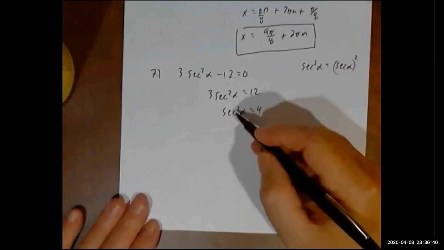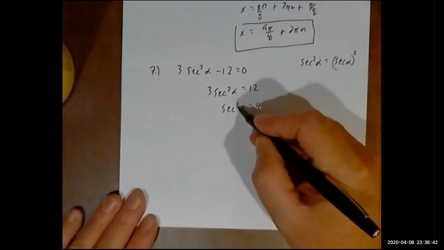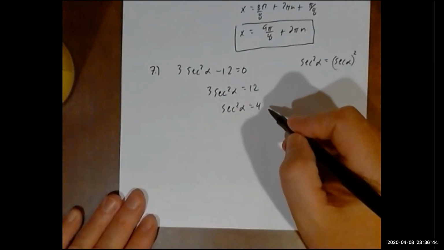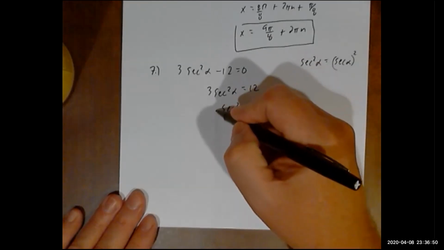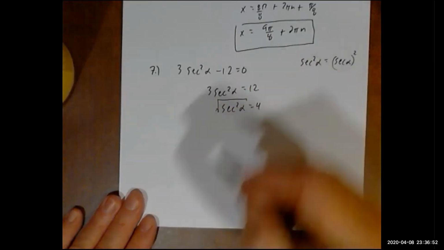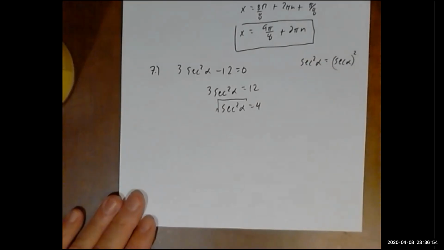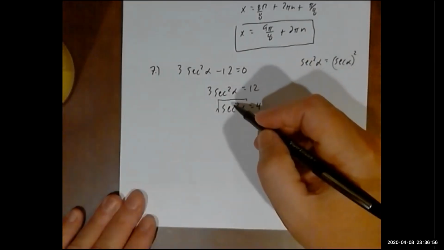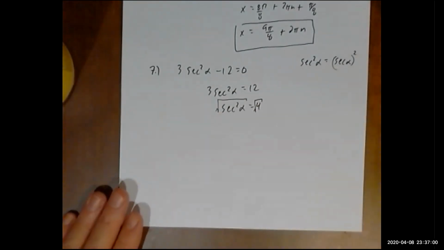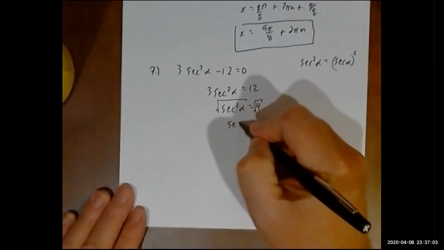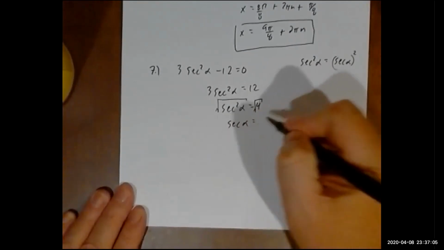Now what I really want, I don't want secant squared, I really want secant of alpha. So what do you do when you have something squared and you don't want it squared anymore? Take the square root, right? Now I can take the square root of this equation as long as I do the square root of both sides. So now I've solved for secant of alpha.